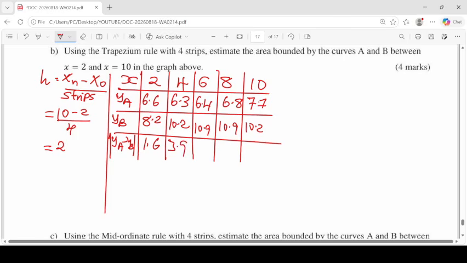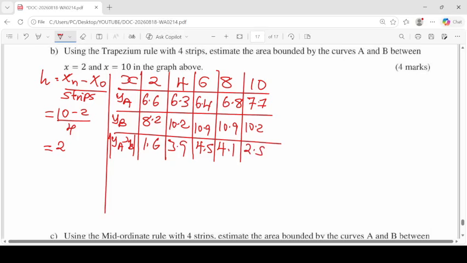Then 6.4 minus 10.9, this one gives you absolute value of 4.5. 6.8 minus 10.9, this is 4.1. 7.7 minus 10.2, this is 2.5.